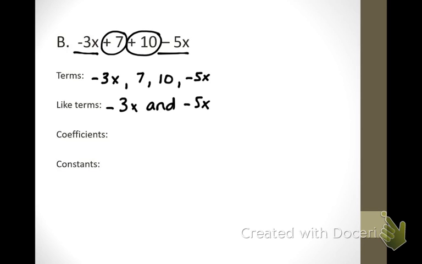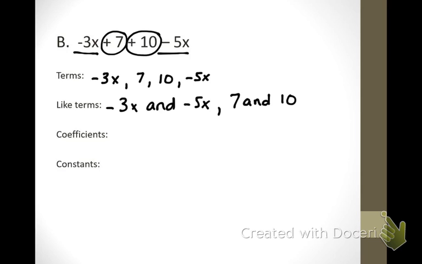Sierra, do you see anything else here that has like terms with each other? Very good job. The 7 and 10. They are alike because they're both numbers that stand by themselves and aren't attached to a variable. Are there any other like terms in my problem, guys? No. So we're done with the like terms part.